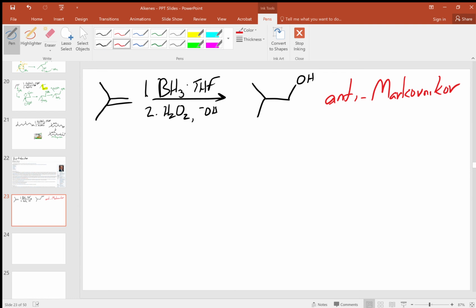So how do we make that determination? And why is it that borane forms the less substituted alcohol? Well, again, this is something that we can explore based on the mechanism. So the first thing we need to remember about boron is that it is less electronegative than carbon, or hydrogen, more importantly.